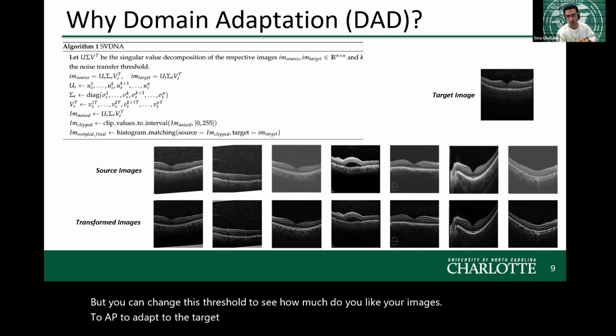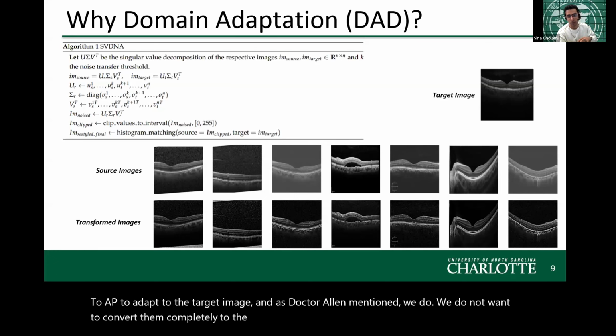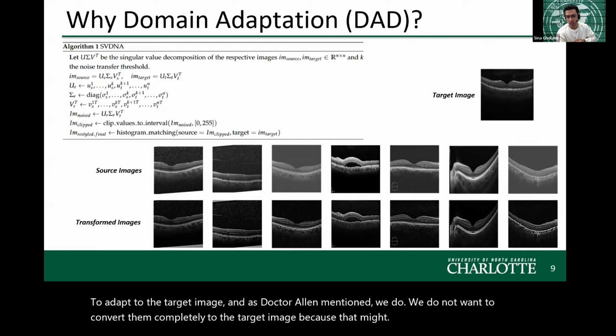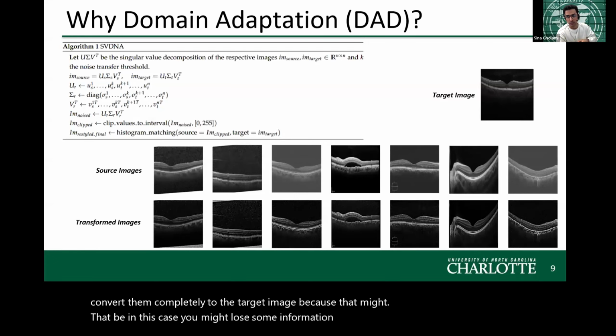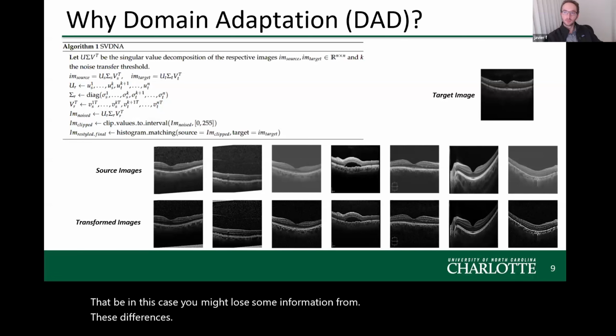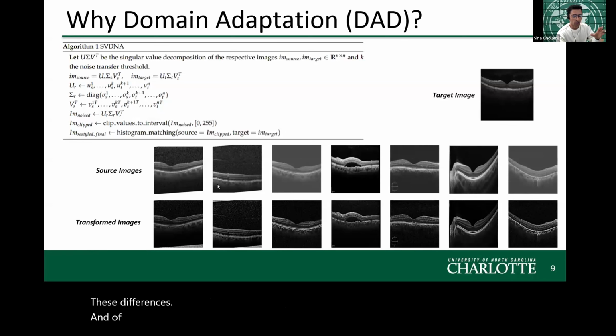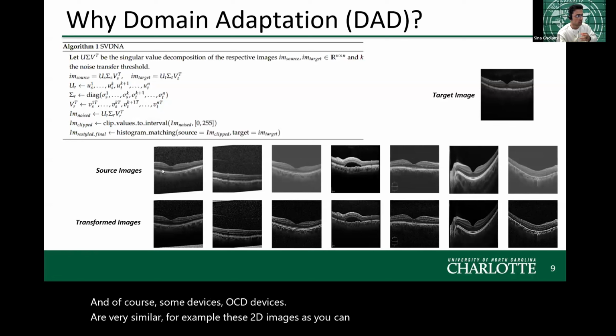And as Dr. Allen mentioned, we do not want to convert them completely to the target image, because in this case we might lose some information from these differences. And of course, some OCT devices are very similar. For example, these 2D images, as you can see in the source images, the first two on the left side.